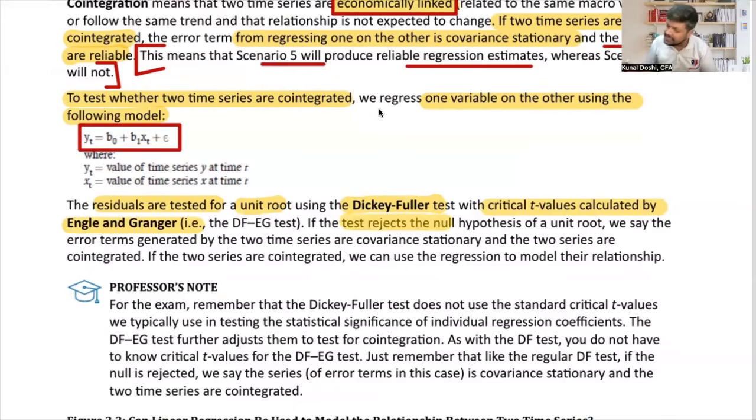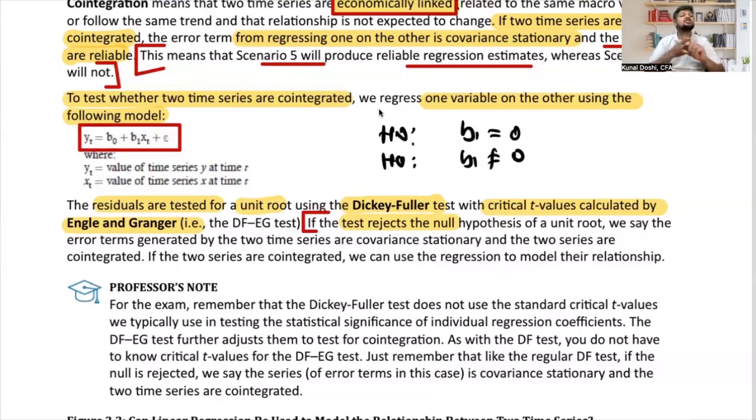If the test gets rejected, everyone in the class, if we reject the test, what is the null and alternative? I'm writing here the null and the alternate. The null is that B1 is equal to 0, the alternate is B1 not equal to 0. So suppose I'm going to reject the null, it means their relationship is not 0.